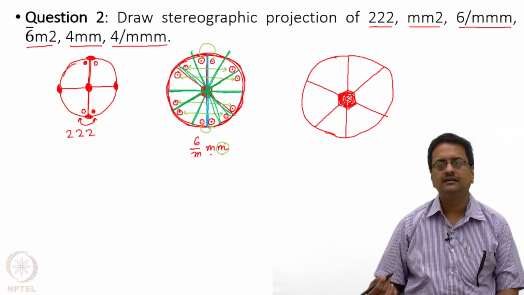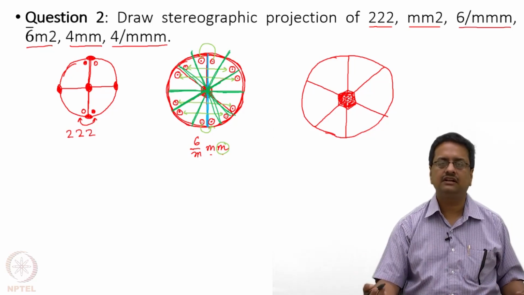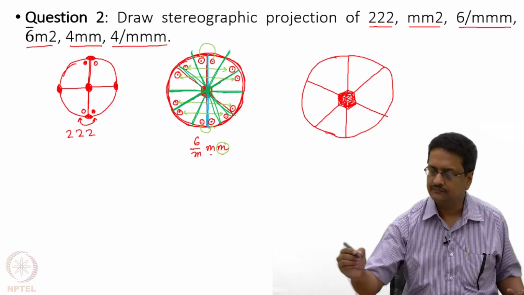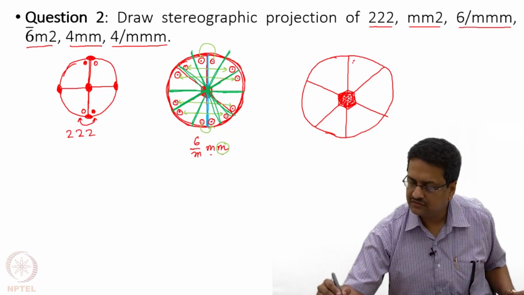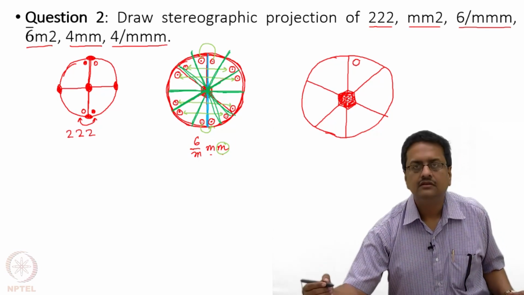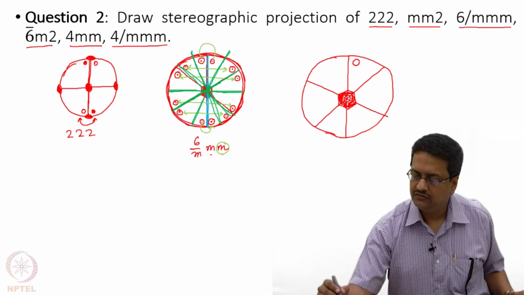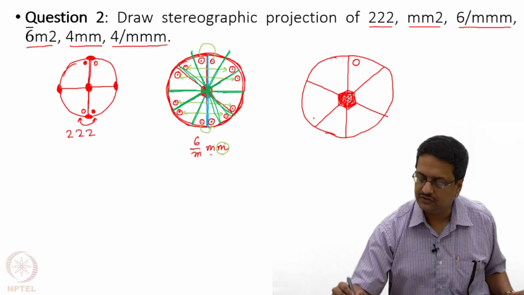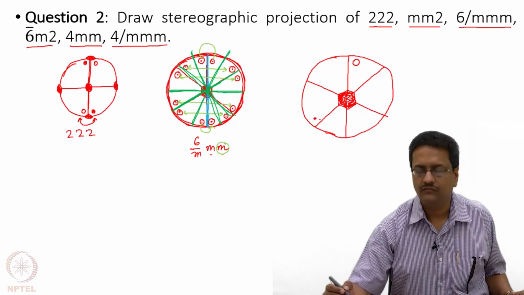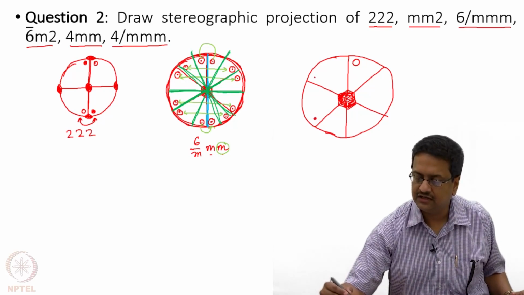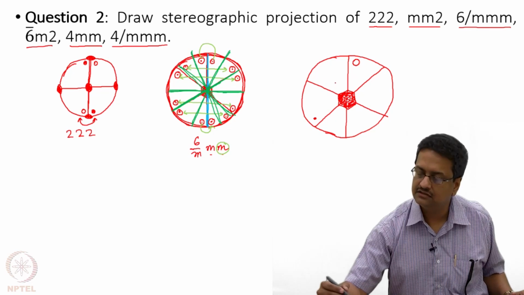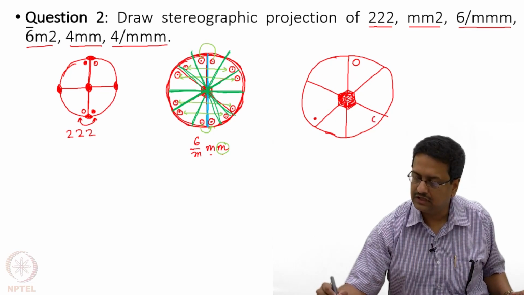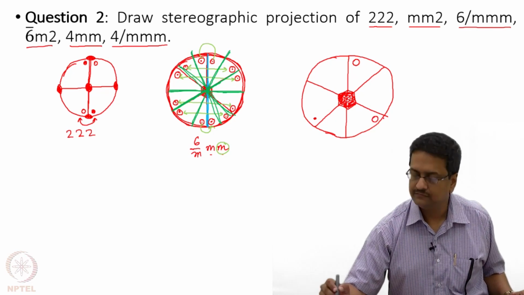What is 6 bar? 6 bar means it is rotation followed by inversion. So if we start at one point with an open circle, we rotate it by 60 degrees, that brings a 6-fold, but then we have to do inversion, it should become a closed circle. Rotate it by 60 degrees and then do one inversion, it should become an open circle.